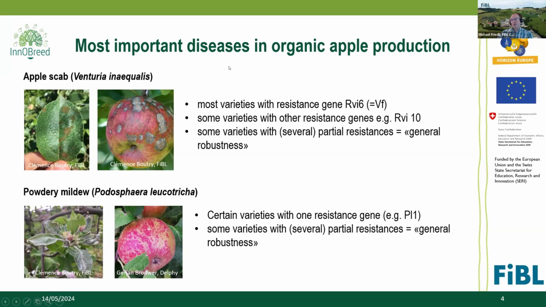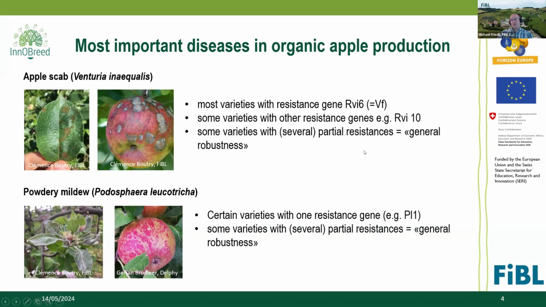And in modern varieties, some of them have the so-called Rvi6, or in the past called Vf, resistance gene. This is just a monogenetic resistance. And we also have in many different regions breakdown of this resistance. Then we also have some varieties with other resistance genes, for example, the Rvi10.